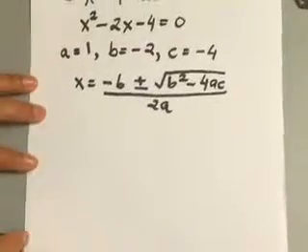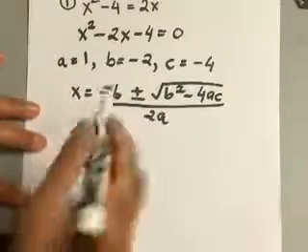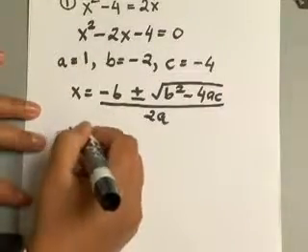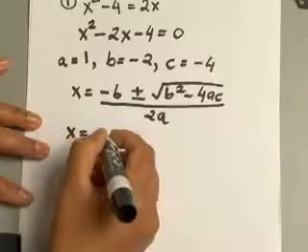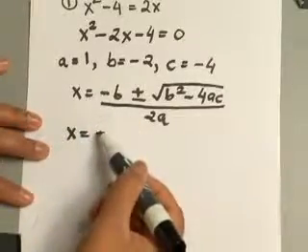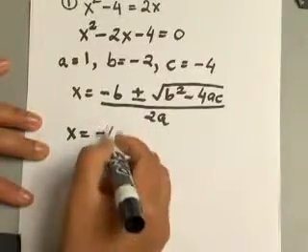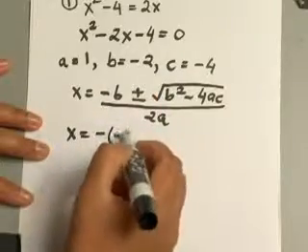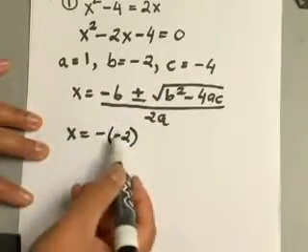So now what we need to do is substitute our a, b, and c and see what we come up with. You have x equals negative, then your b is minus 2, so you should end up with two negative signs.